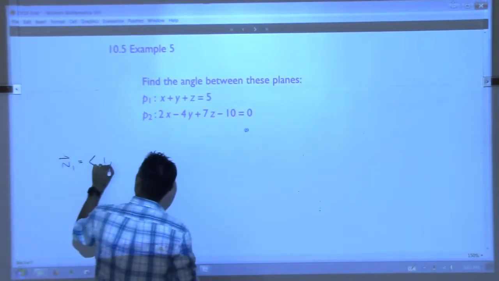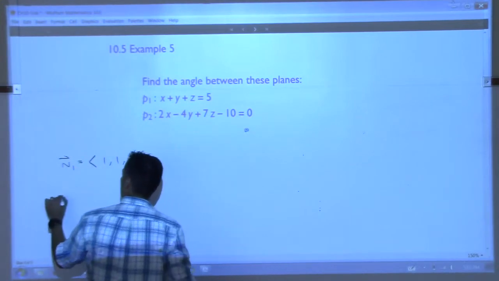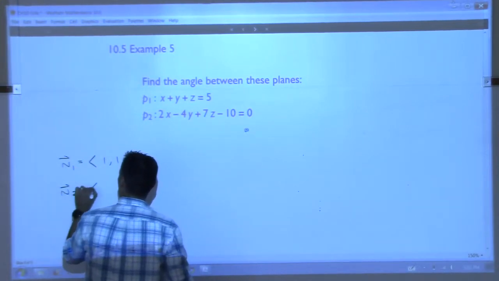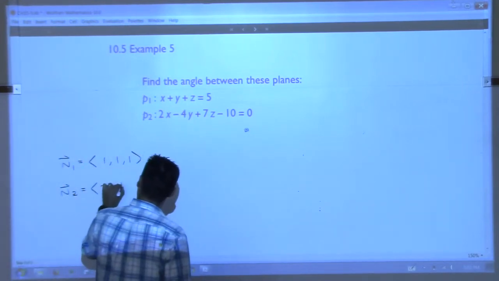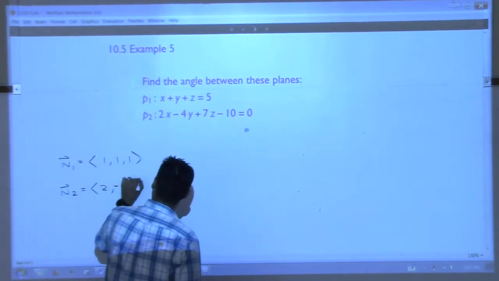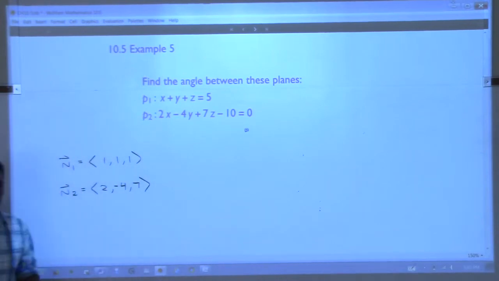It's the normal vector of the first plane. 1, 1, 1. So you're just pulling the coefficients. What's the normal vector of plane 2? 2, negative 4, and 7. All right? And now you just need to find the angle between them.